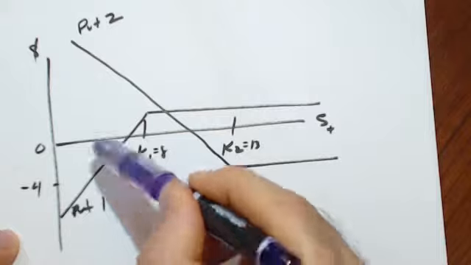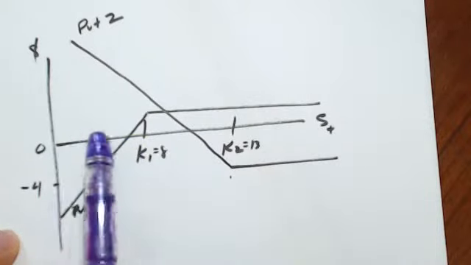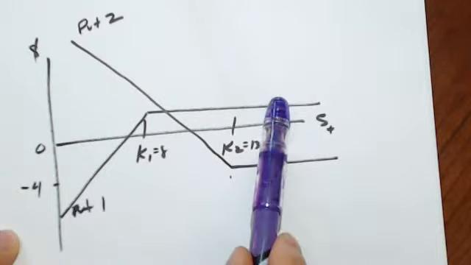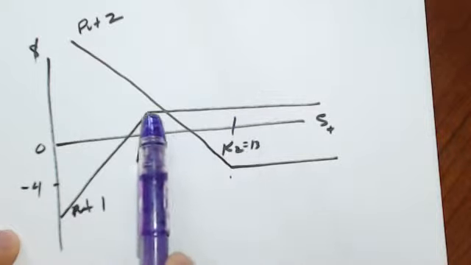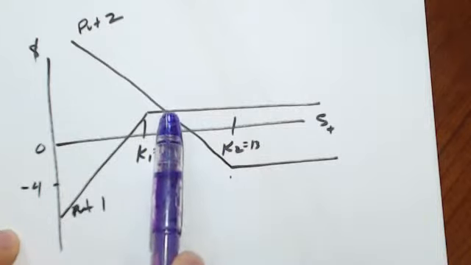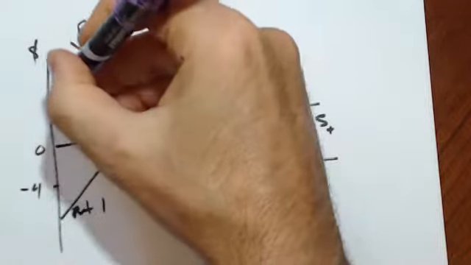They're going to offset, so it's going to flatline below 8. And then look at above 13. There are 2 flat lines. The slope of 0 and a slope of 0 is 0, so it's going to flatline here. And what about in between 8 and 13? Well, you got a slope of +1 and a slope of 0, which means it's going to have a slope of +1. It's going to look something like this.